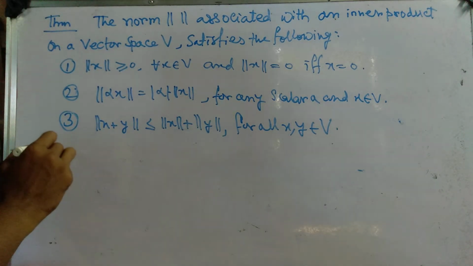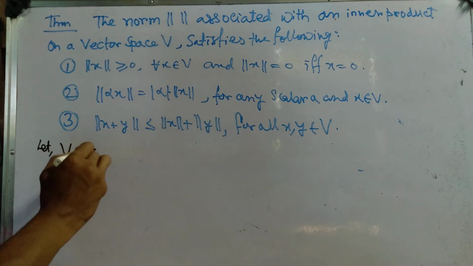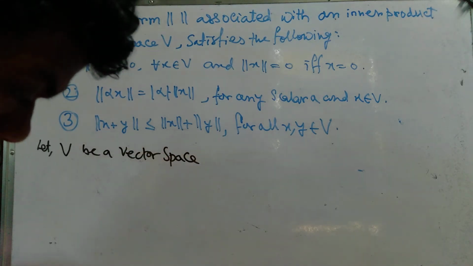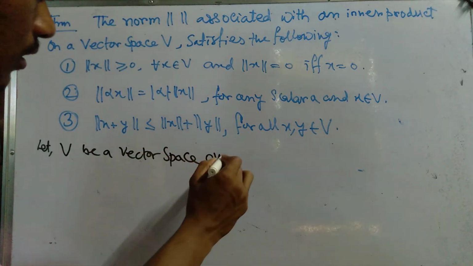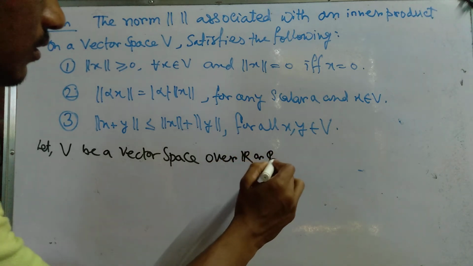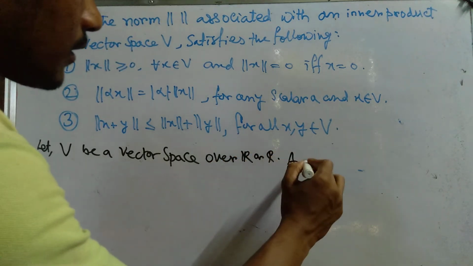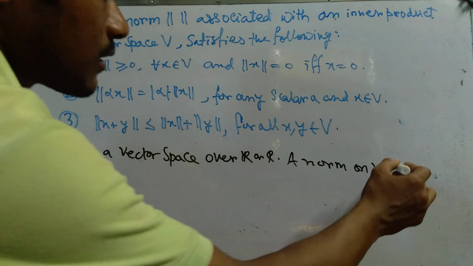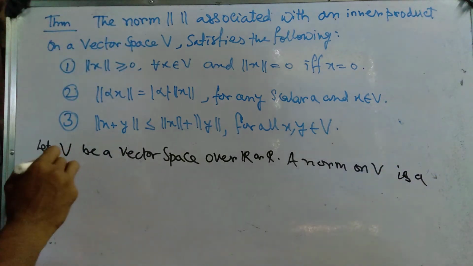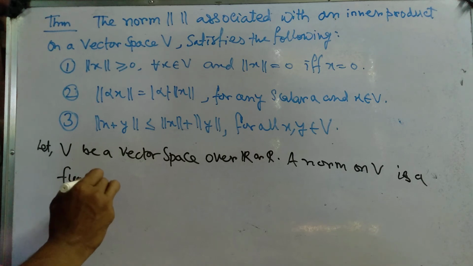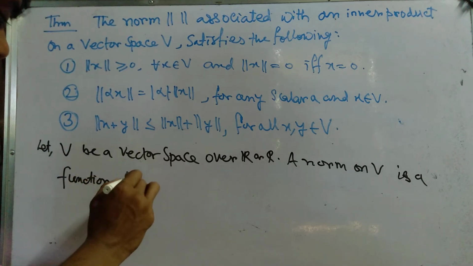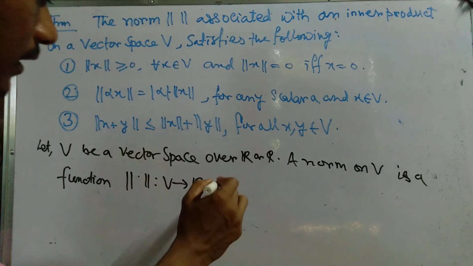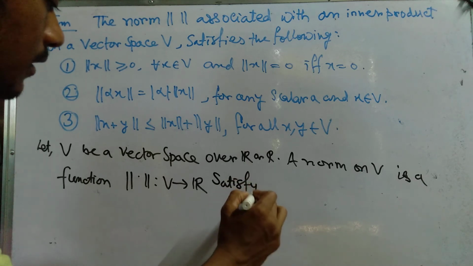Let V be a vector space over R or C. A norm on V is a function from V to R satisfying the above three properties.